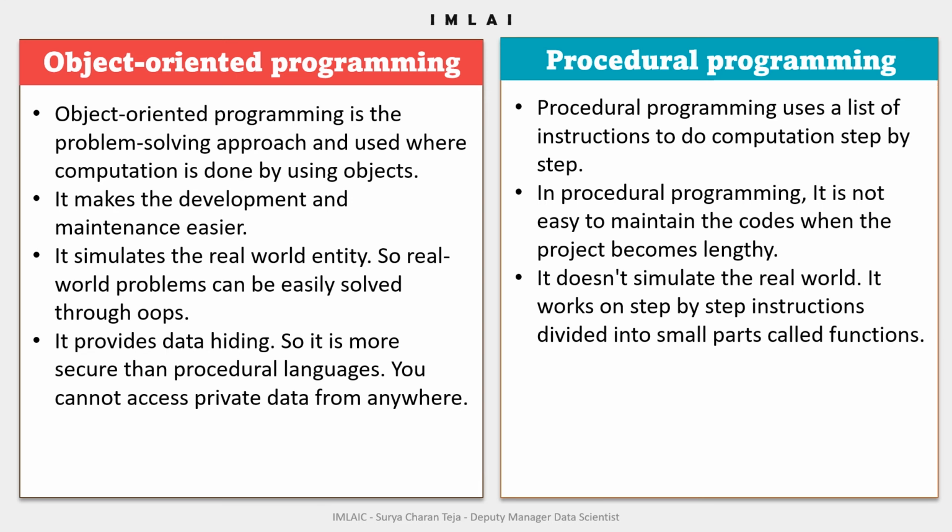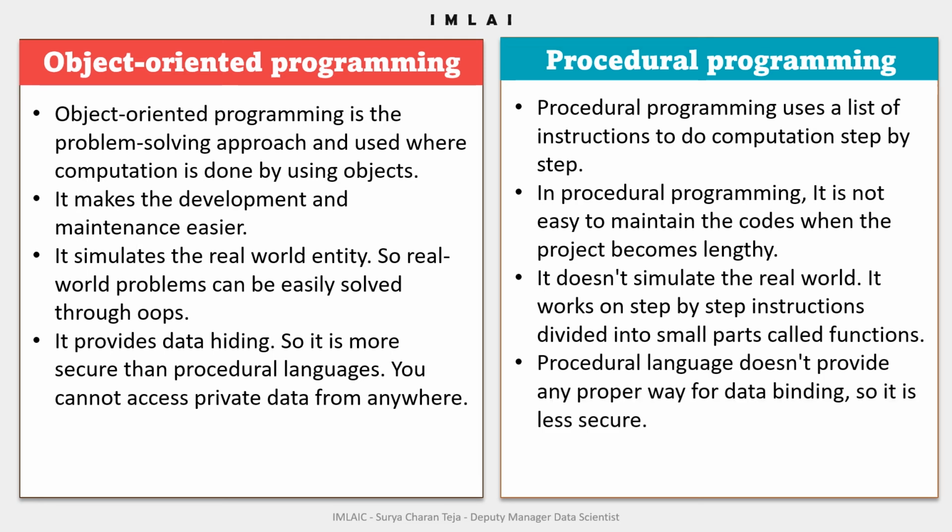And object oriented programming provides data hiding, so it is more secure than procedural languages. You cannot access private data from anywhere. That is the huge advantage of OOP. Procedural language doesn't provide any proper way for data binding, so it is less secure compared to object oriented programming.